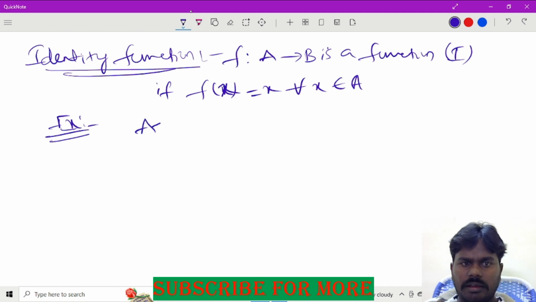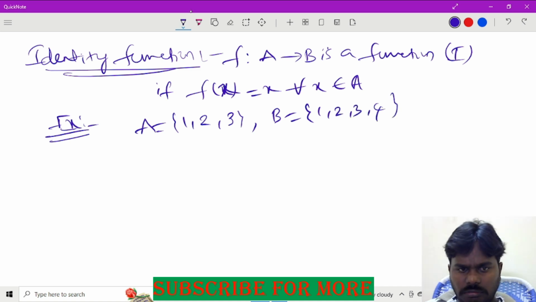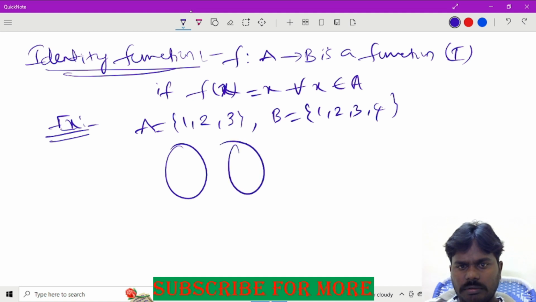So here suppose A equals 1, 2, 3, and B equals, I am taking, 1, 2, 3, 4.